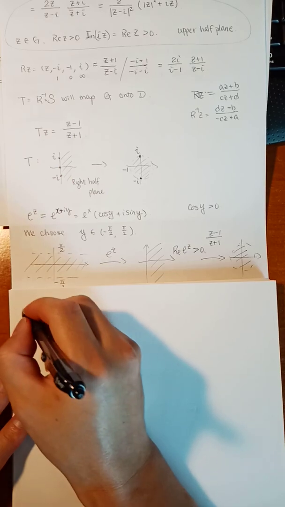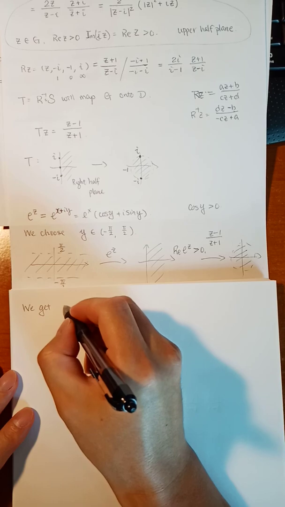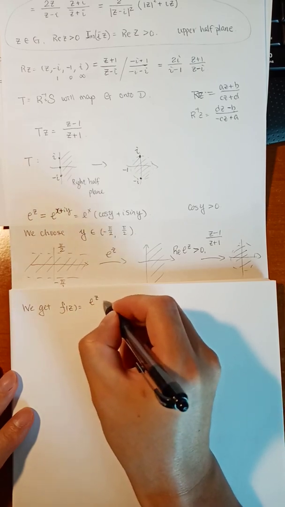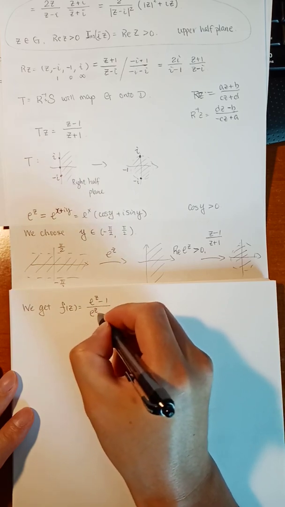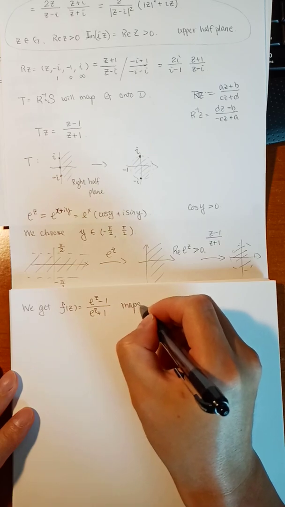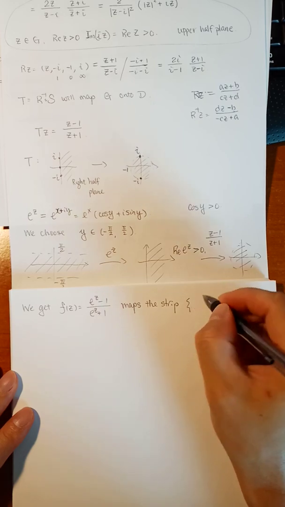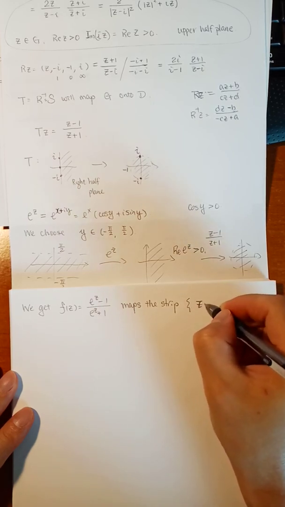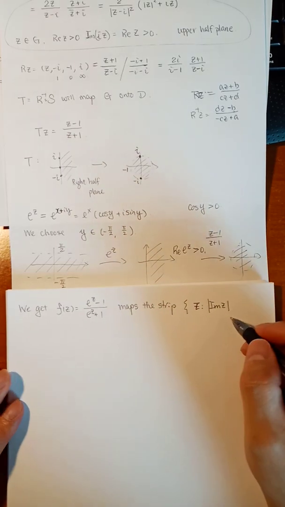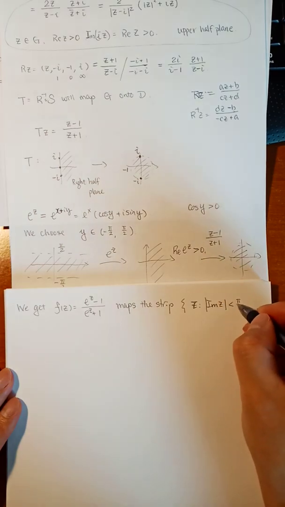We get f(z) equals (e^z minus 1) over (e^z plus 1), which maps the horizontal strip, where the imaginary part of z, y, is between negative pi over 2 and positive pi over 2, so the absolute value of y is less than pi over 2.